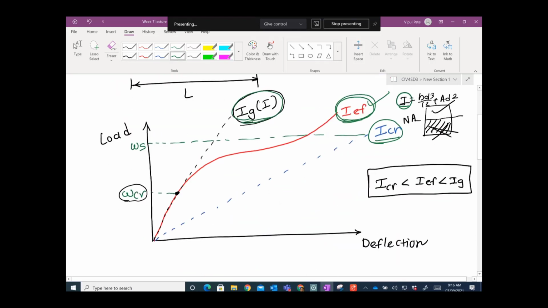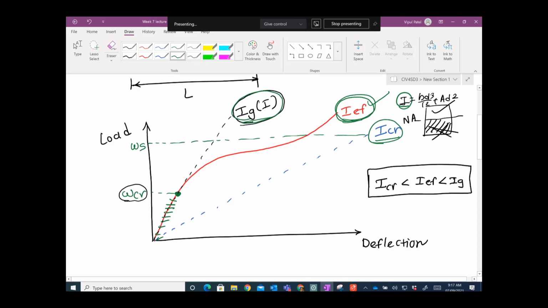If you consider structures from long ago, before 1950 or 1930, they are massive structures, meaning they designed the structures in this zone because they didn't want to crack the beam. So they are massive members.